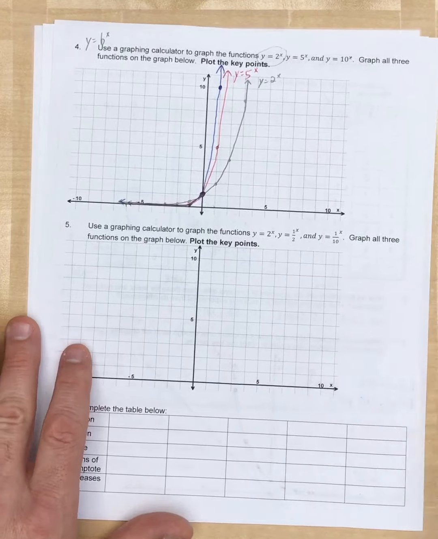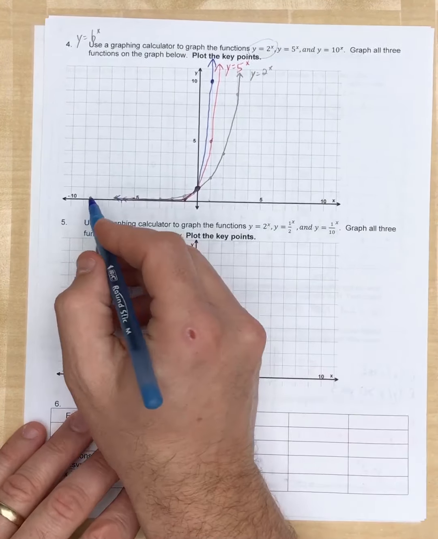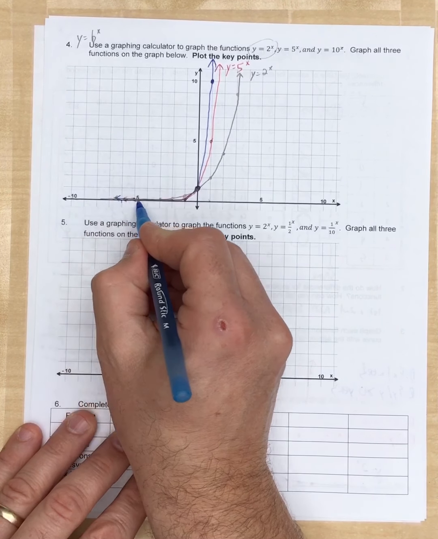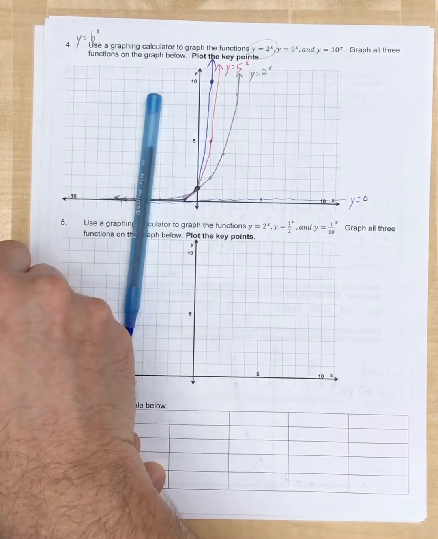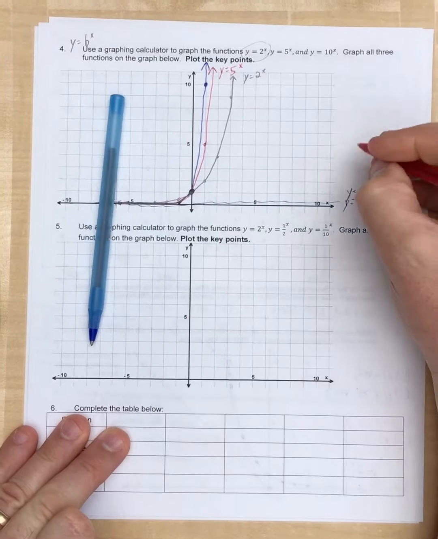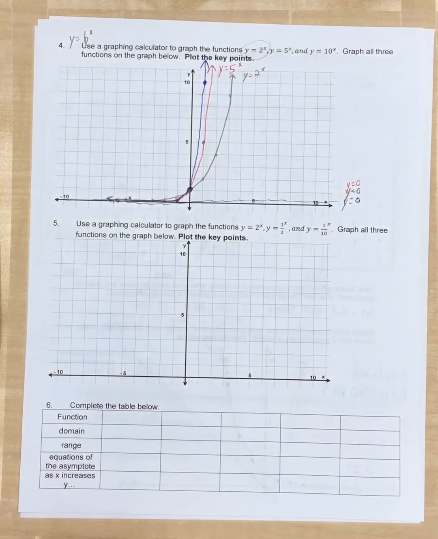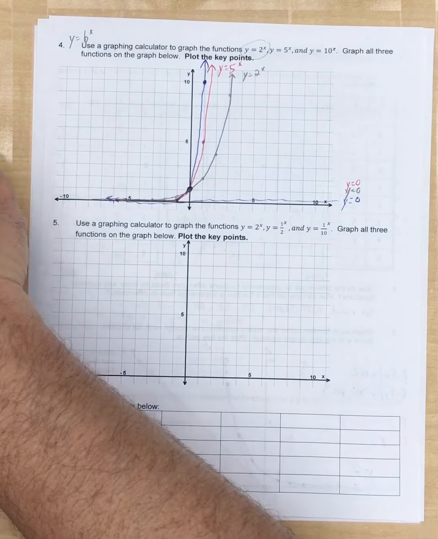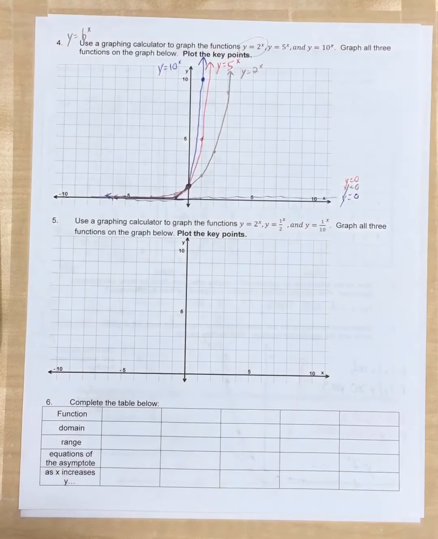to that axis. What we're also seeing is basically an asymptotic effect for all three of these at y is equal to 0, which is kind of interesting in that scenario. Oops, I forgot to put y is equal to 10 to the x.